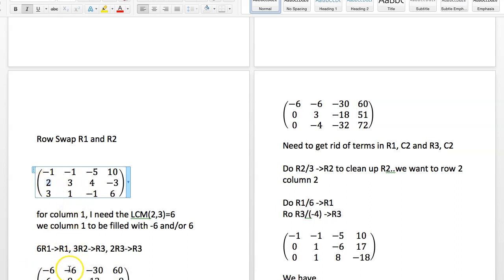Now 3 times 3 is 9, 4 times 3 is 12, neg 3 times 3 is neg 9. Now for row 3, we multiply by 2 to get the 6, so we multiply all its buddies in the same row by 2. So we get 6, 2, neg 2, and 12.